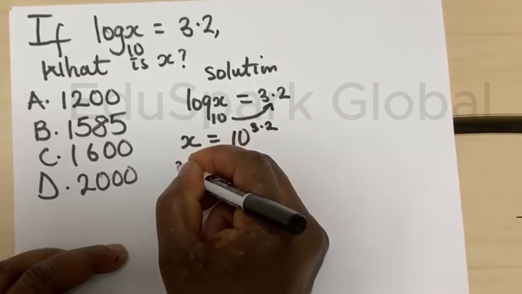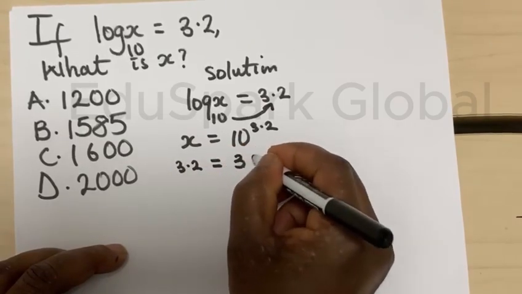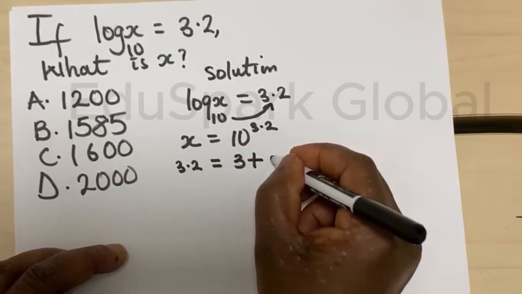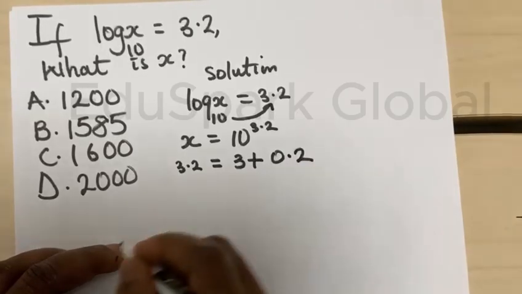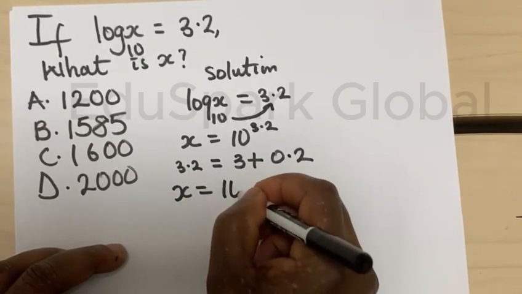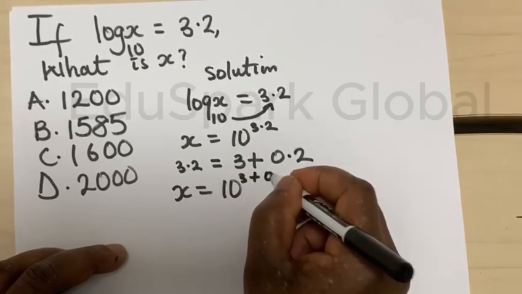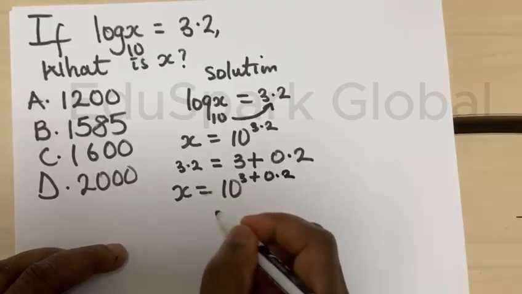So we recall that 3.2 is the same thing as 3 plus 0.2. It means that we can write x as 10 to the power of 3 plus 0.2.